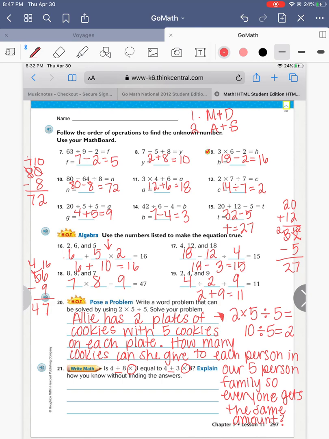Oh gosh. So I'm going to write they equal the same thing because you can use the commutative property of multiplication. I cannot write today. Okay.